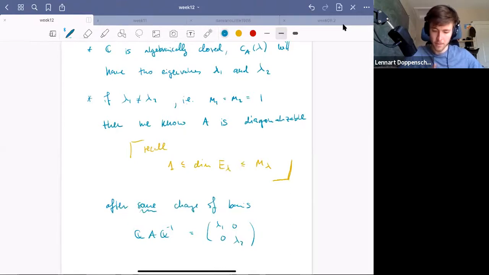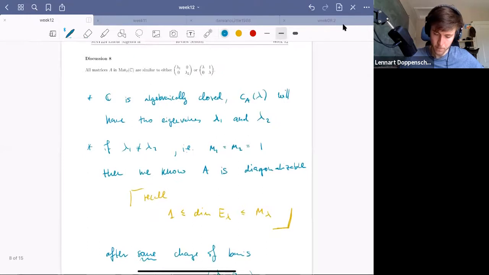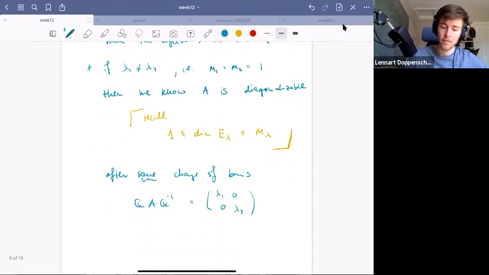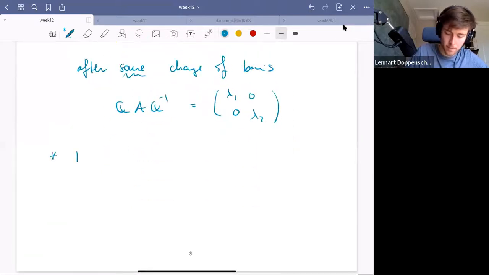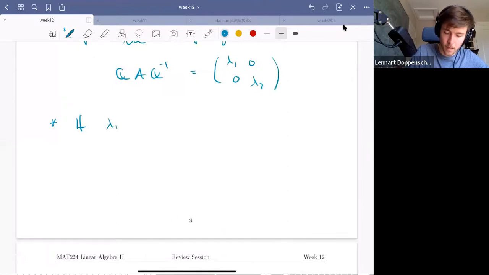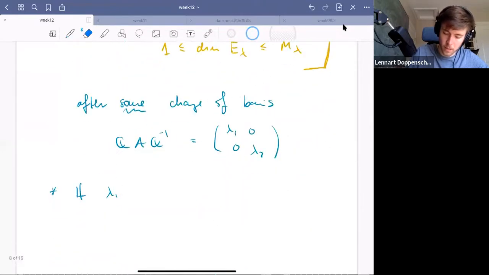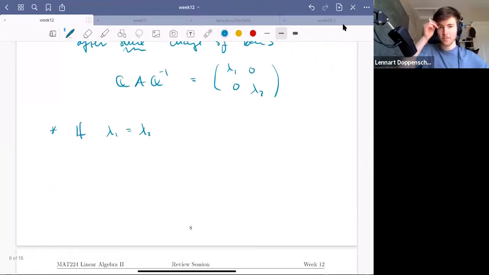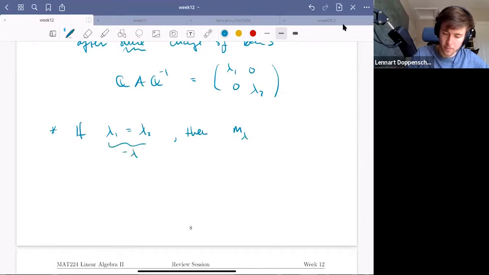What happens if the eigenvalues are not distinct? If lambda 1 is equal to lambda 2, let's just call this lambda for simplicity, then the multiplicity m of lambda is equal to 2.